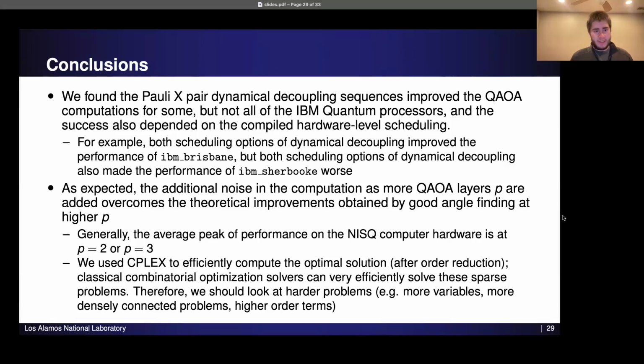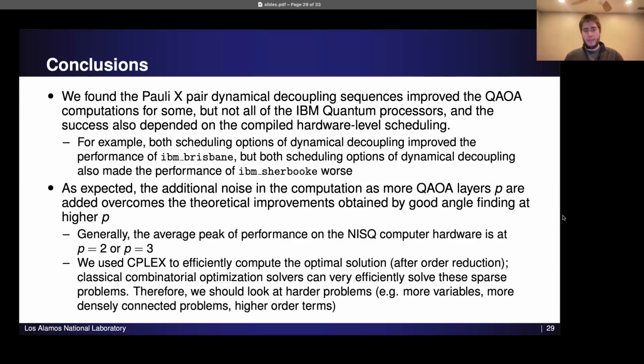As a very clear example, both scheduling options of dynamical decoupling improved the performance of IBM Brisbane, but interestingly enough, both dynamical decoupling scheduling options actually made the performance on IBM Sherbrooke worse. So again, it just depends on the particulars of the device, and there are better dynamical decoupling sequences that could be used in future studies as well.